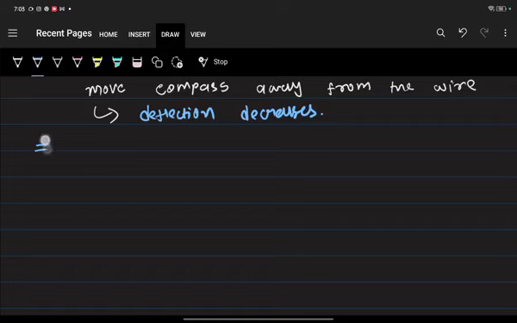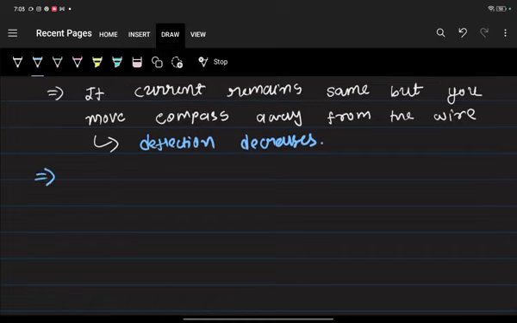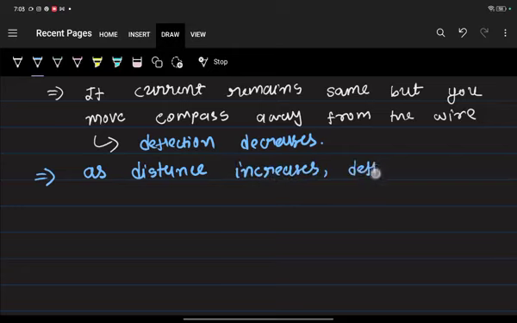So as the distance increases, deflection decreases.